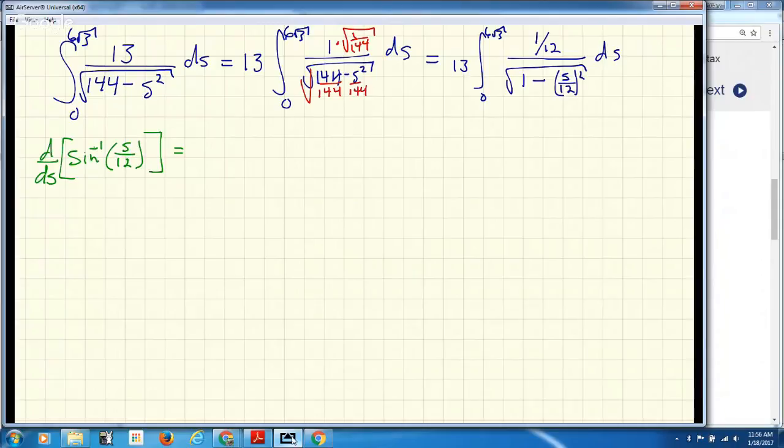Then the rule I looked at earlier says that's going to be 1 over the square root of 1 minus s over 12 squared. The chain rule says you have to multiply by the derivative of s over 12, which is 1/12.